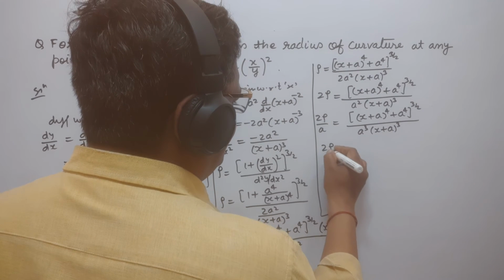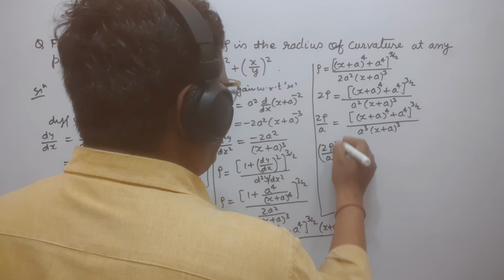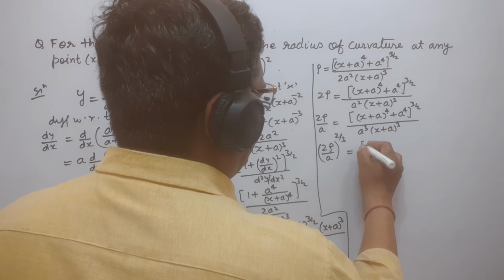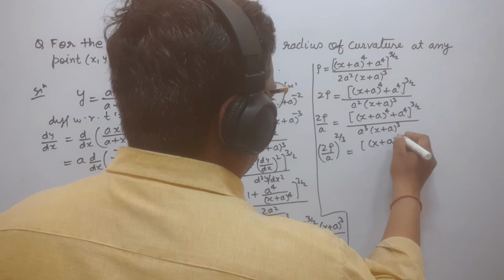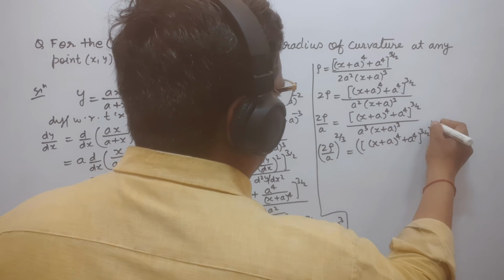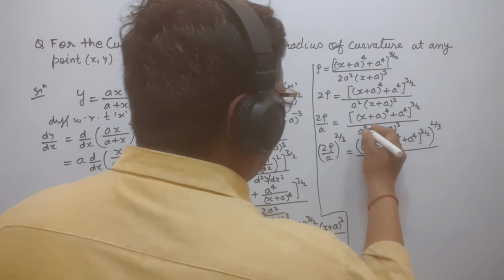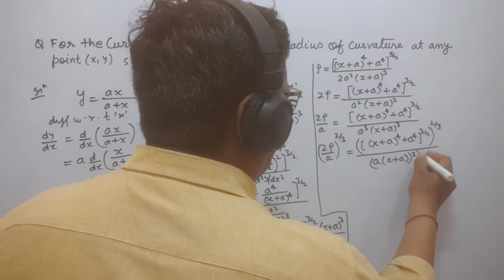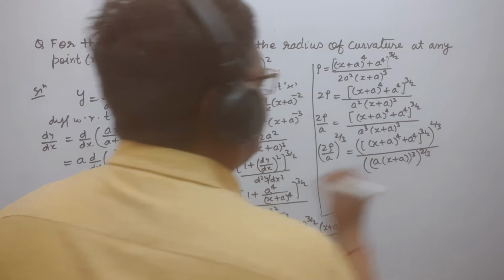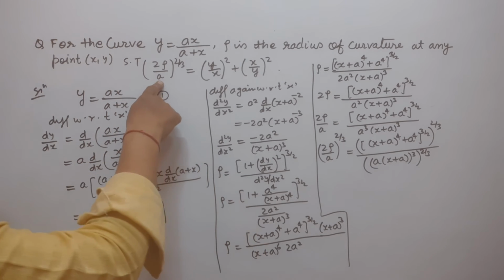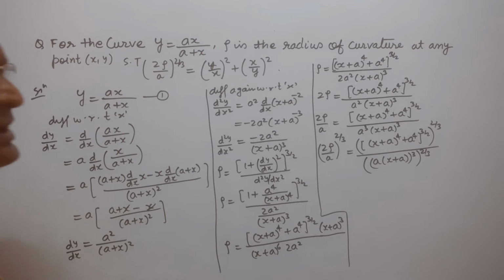So this is 2 rho upon a whole power 2 by 3 and in the right hand side here we use (x plus a) whole power 4 plus a power 4, whole power 3 by 2 and whole power 2 by 3. And in the denominator this is a (x plus a) whole cube whole power 2 by 3. आप देख सकते हैं बोथ साइड में जो पावर है 2 by 3 रेस की गई है बिकॉज यहाँ पर हमको जो प्रूफ करना है उसमें 2 रो अपॉन a की होल पावर 2 by 3 है.